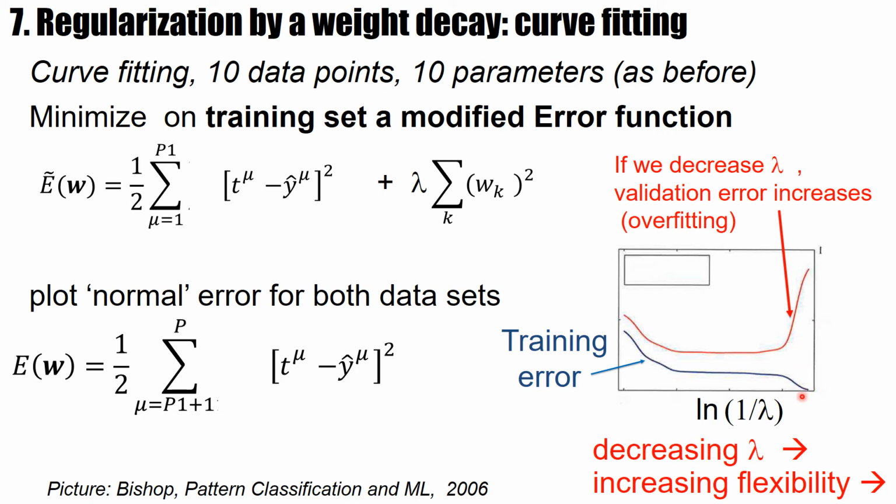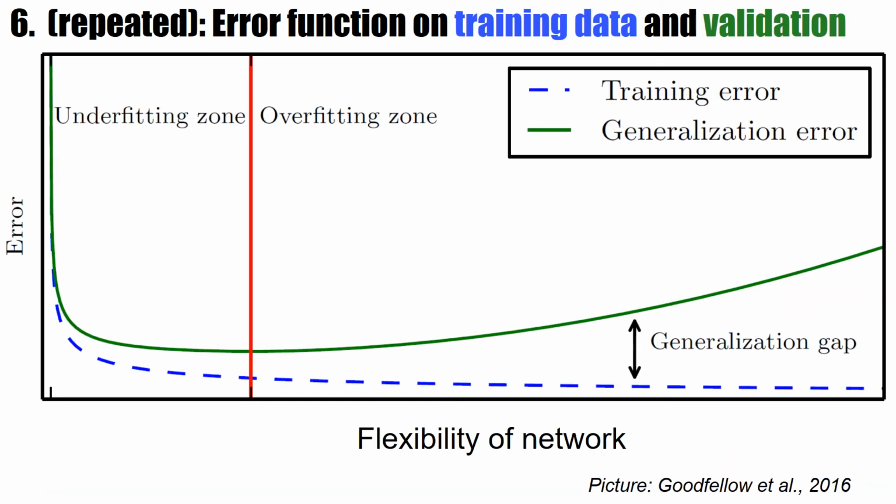If I increase lambda a little bit, I will find a minimum somewhere over here, and this would then be the best choice of lambda. So again here, the error as a function of flexibility, and the idea is now that we do not change flexibility by changing the number of hidden neurons, but we just control flexibility via our penalty parameter lambda. So this would be decreasing lambda.